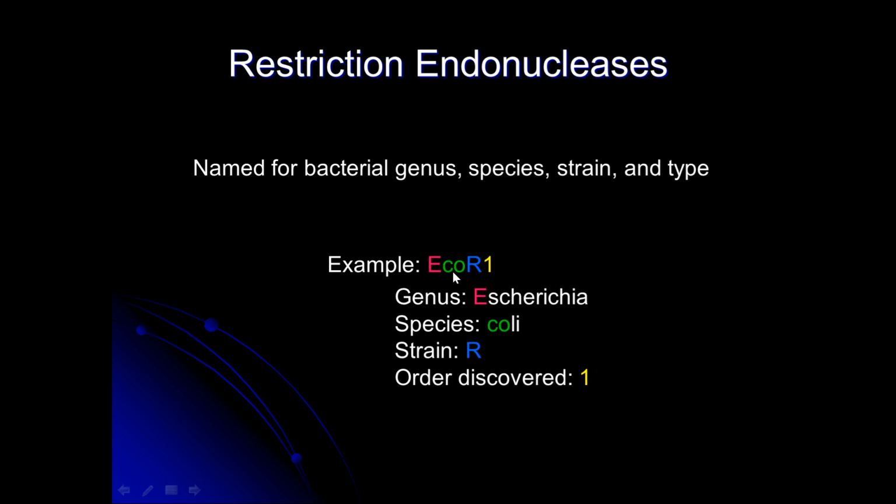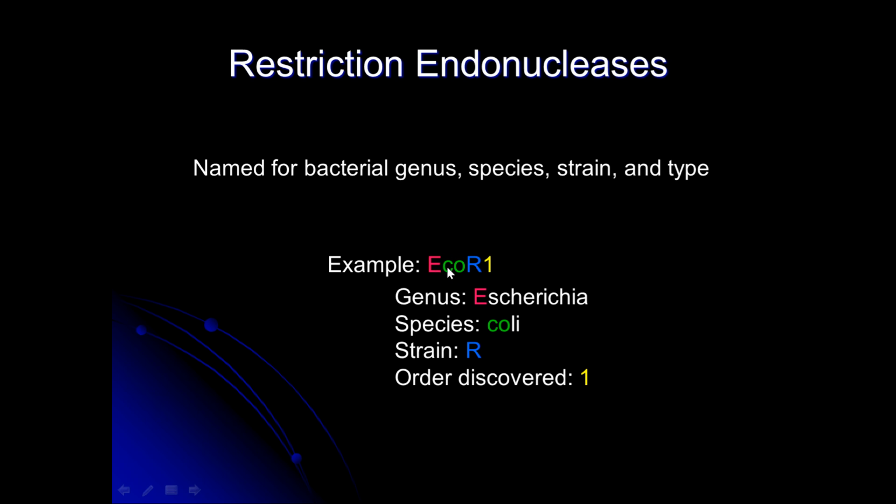Co represents the species name. R represents the strain, and the number one represents the order of discovery, when they were discovered. So that's why this is known as EcoR1.